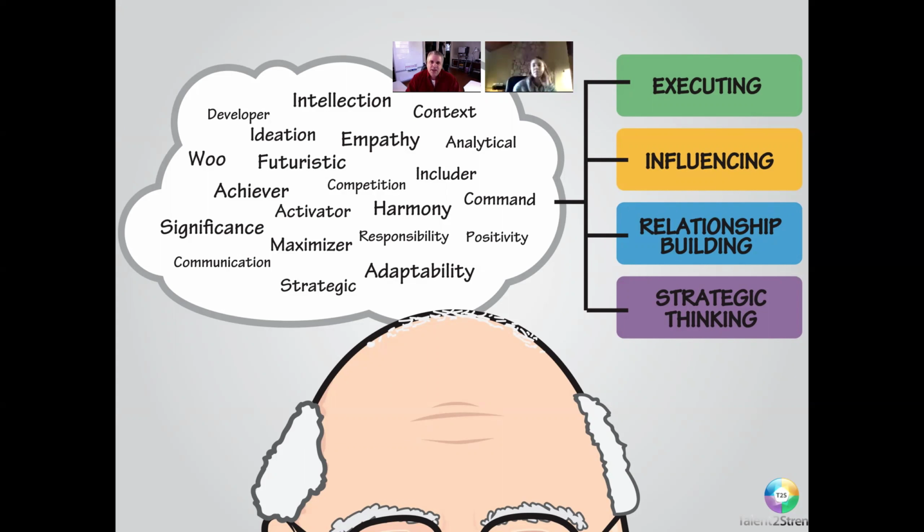Exactly. So I have 4 themes in the strategic thinking category in my top 5. Now, I readily admit I'm not the best executor, but I'd be homeless or I'd be in prison if I didn't execute somehow, if I didn't get things done, if I didn't pay my bills, if I didn't earn an income. And I don't have any influencing themes in my top 5, but I'm renowned for my influence.